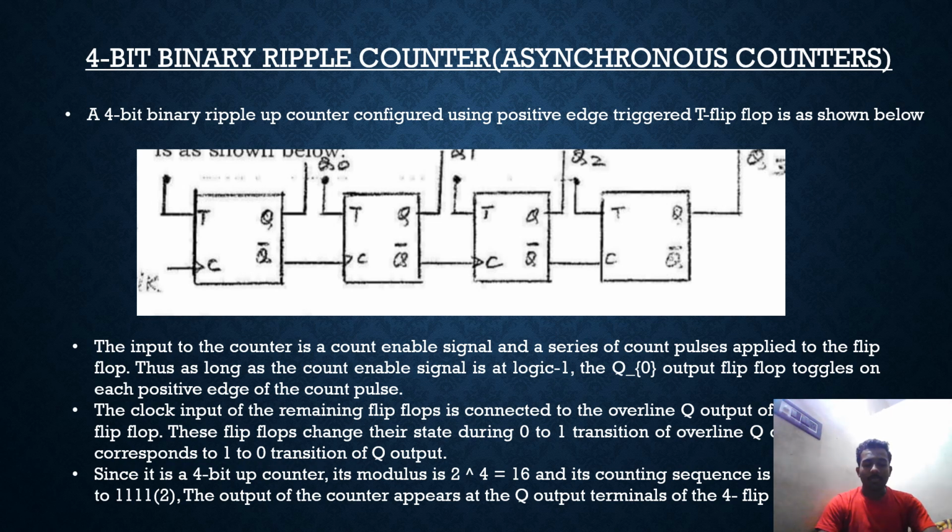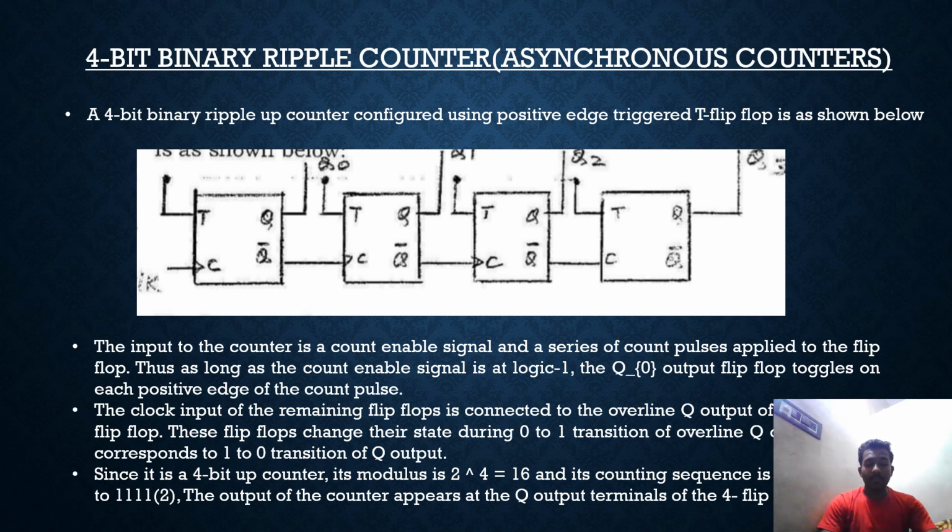The clock input of the remaining flip-flops is connected to the Q bar output of the previous flip-flop. These flip-flops change their state during the 0 to 1 transition of the Q bar output, which corresponds to the 1 to 0 transition of the Q output.